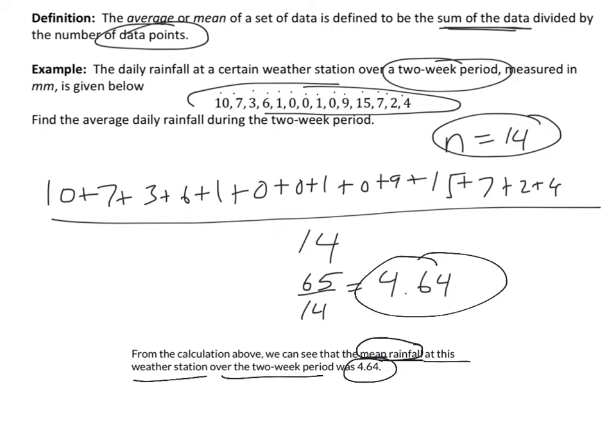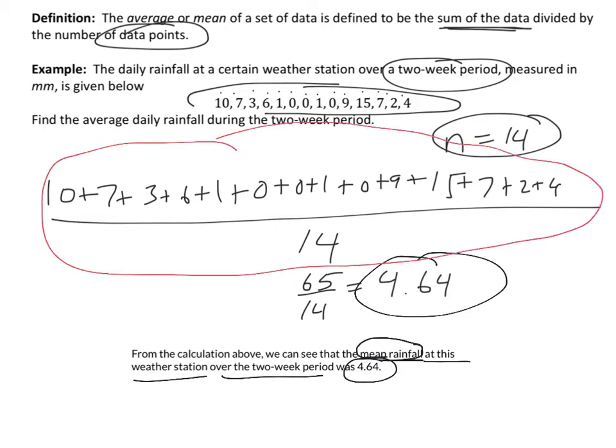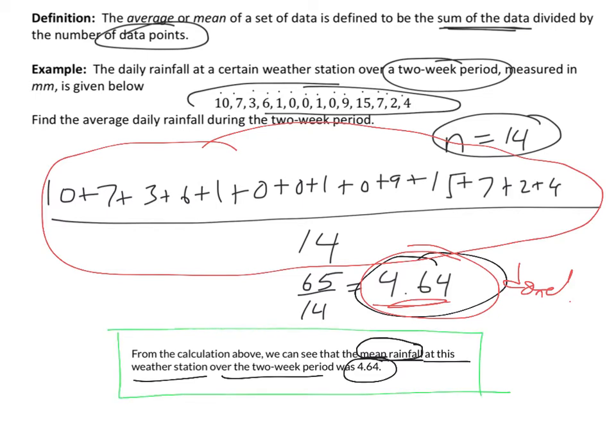So when we're engaging in mathematical or scientific writing, we're not just doing the math and saying, yay, I did it, 4.64, done. We're taking time to write out a statement of what we found and precisely what it is.